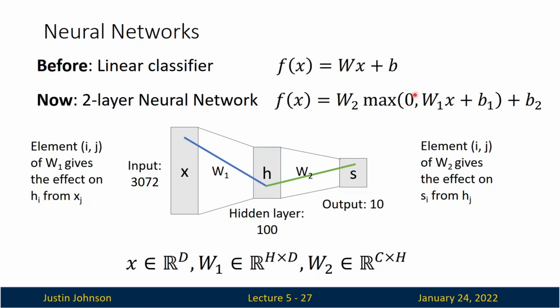Here we can control how many hidden units we want. Say we create a matrix where the input is 3072 and the hidden layer is 100. It means H here is 100, so we create 100 values here.